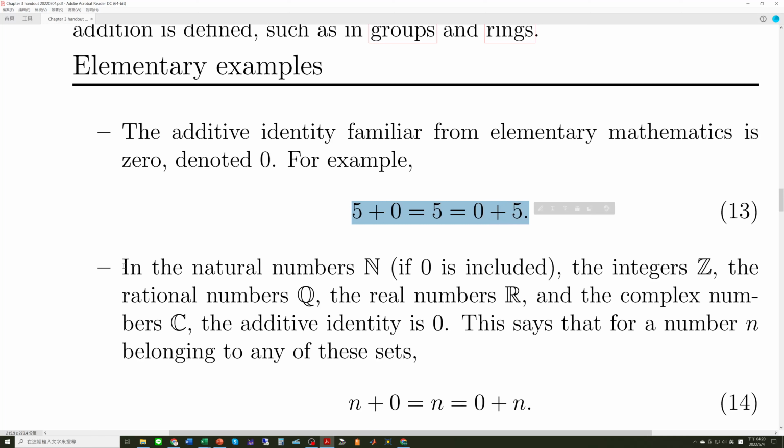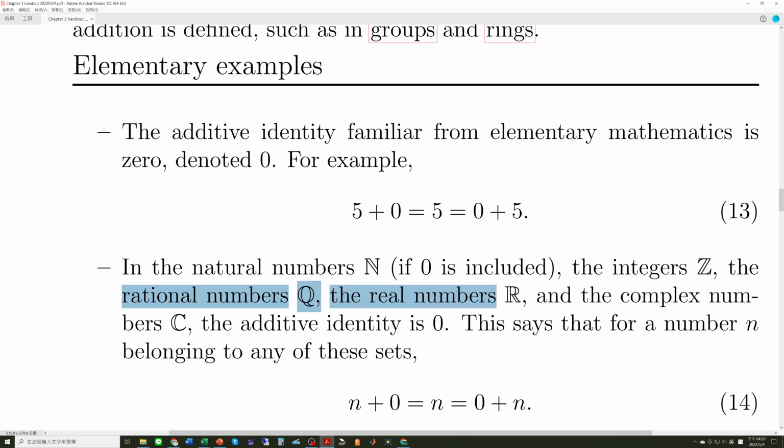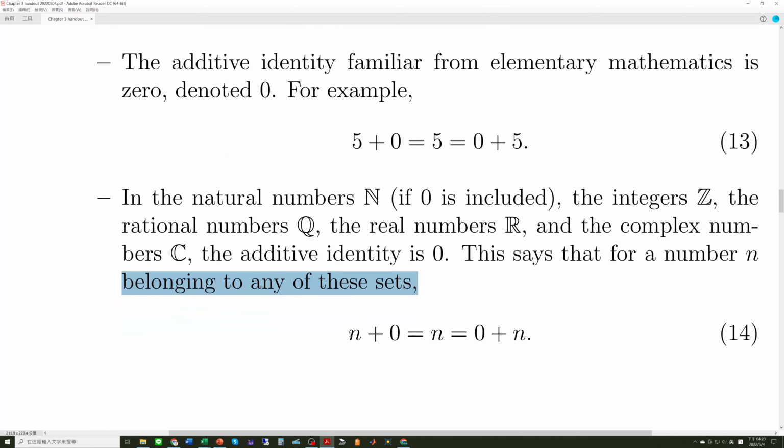In the natural numbers N, if 0 is included, the integers Z, the rational numbers Q, the real numbers R, and the complex numbers C, the additive identity is 0. This says that for a number n belonging to any of these sets, n plus 0 is equal to n and is equal to 0 plus n.